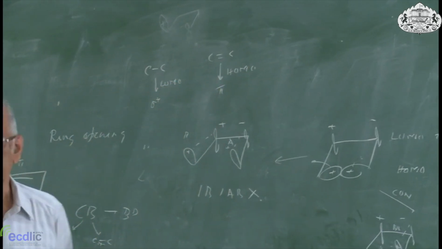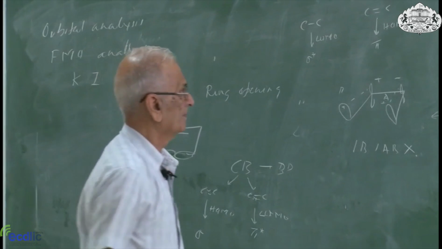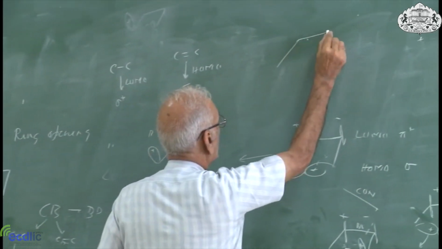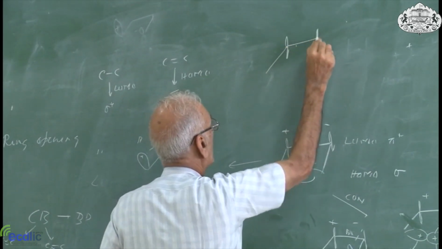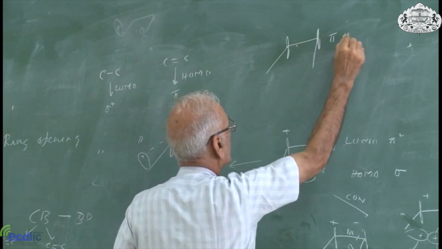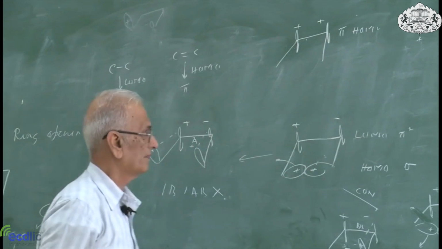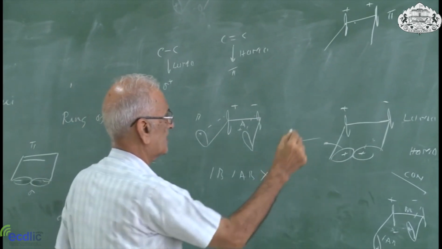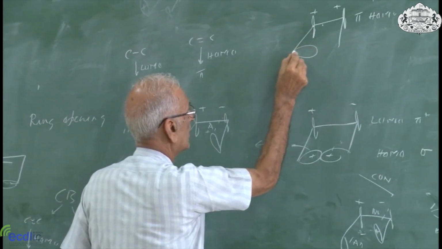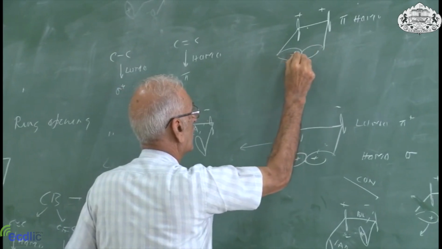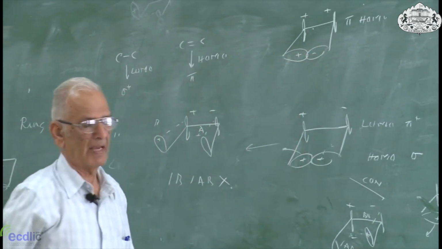So now pi, that's your HOMO, plus and plus. Your LUMO is sigma star, plus and minus.